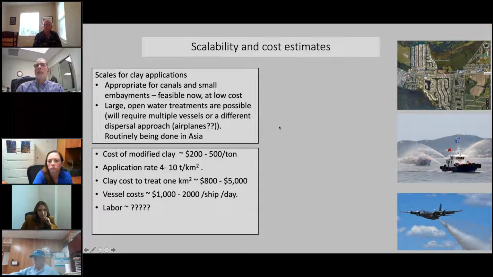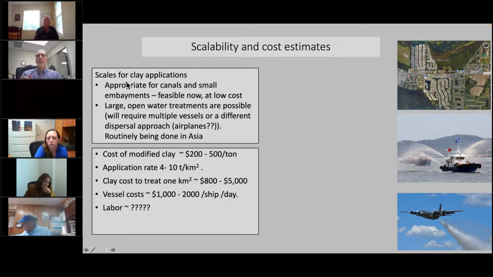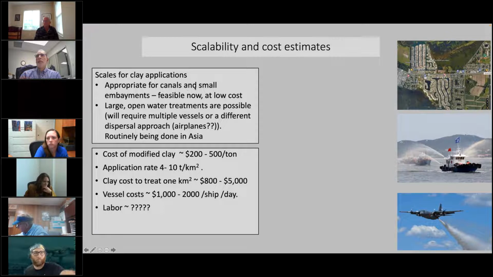So finally, where do we really stand? Many of you might wonder about scalability. There's no question right now that this is already an appropriate measure for canals and small embayments like you see here.